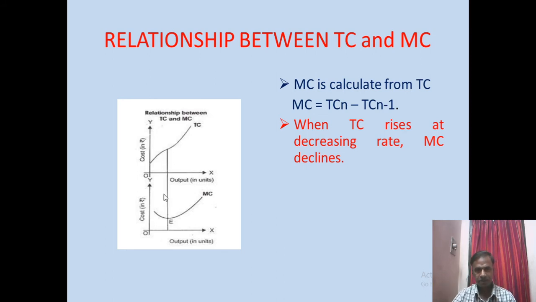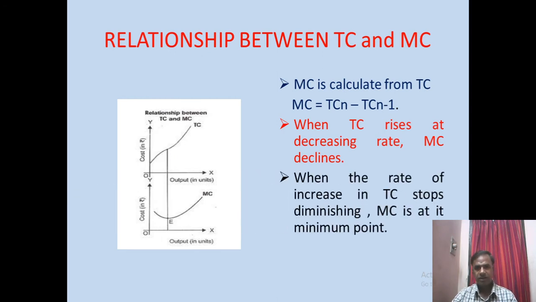Right? The second one: when the TC stops diminishing, here on this point the total cost stops diminishing, then afterwards the TC started to rise.